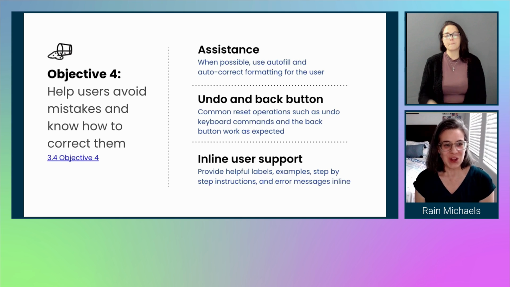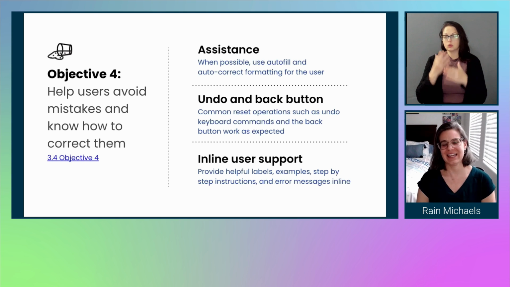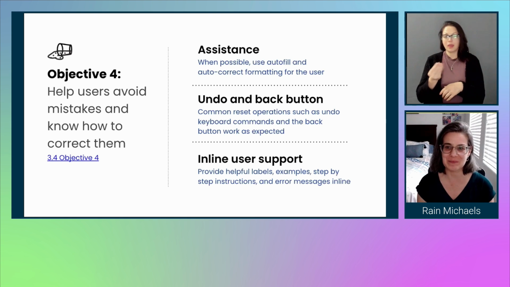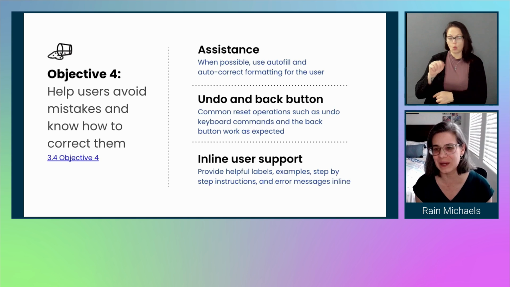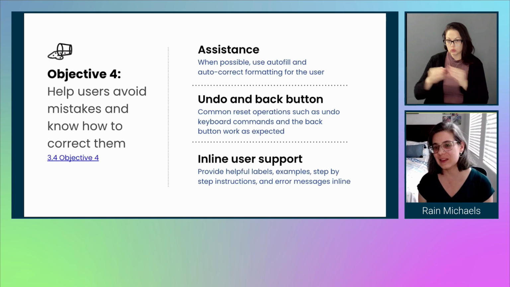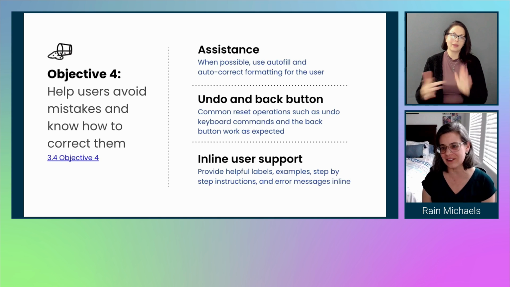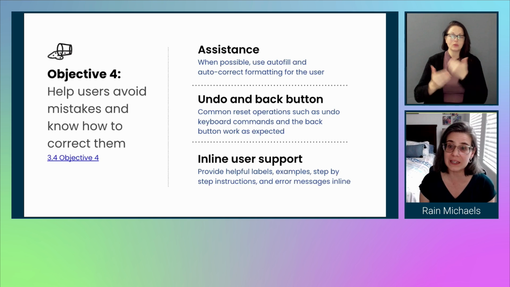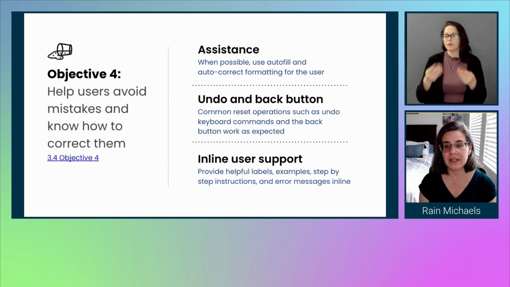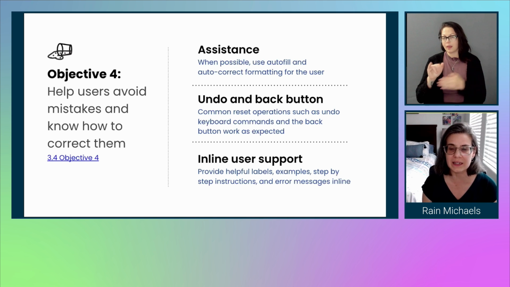Objective 4, help users avoid mistakes and know how to correct them. And this goes back to the Kwame user story as well. Thinking about Kwame, he hit the back button and now he's lost everything, right? So what are ways that we can actually help our users? What are some patterns? Well, we can provide assistance. And in order to programmatically provide assistance, we think about things like autofill or auto-correcting.